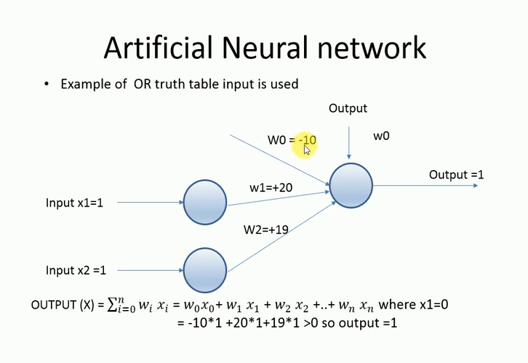This is the threshold value W0 and the sum should be more than this. So W1 is equal to 20, and let's consider W2 is equal to 19. If the input is 1 1, the output is 1.